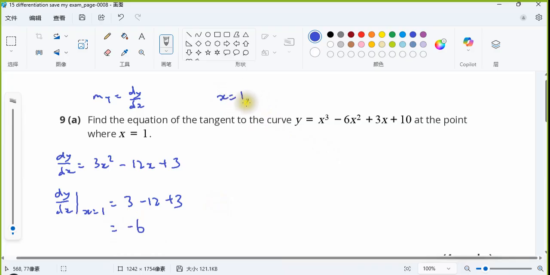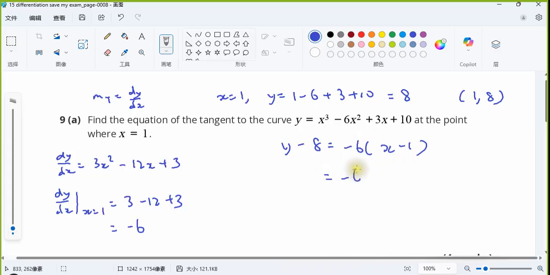And when x equals 1, y is 1 minus 6 plus 3 plus 10, so 14 minus 6 is 8. Okay, so we have the coordinate (1, 8). So y minus 8 equals negative 6(x minus 1). So negative 6x plus 6 plus 8. So y is negative 6x plus 14, which is the equation of tangent.